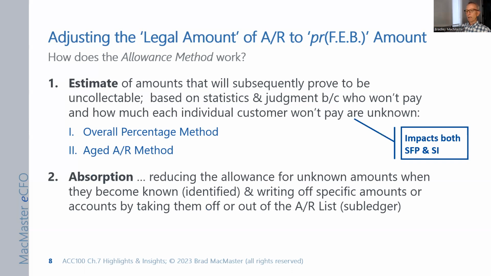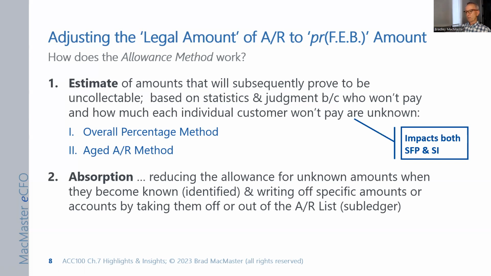Step two is when we are able to identify which debts went bad or were uncollectible. So this is what I call the absorption, and it reduces the allowance for unknown amounts when they become known or identified.